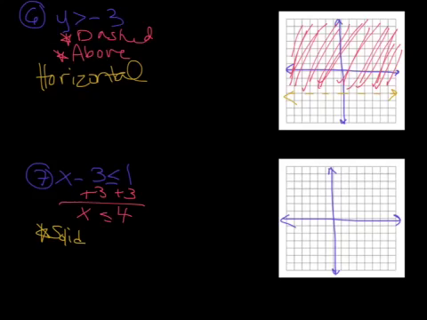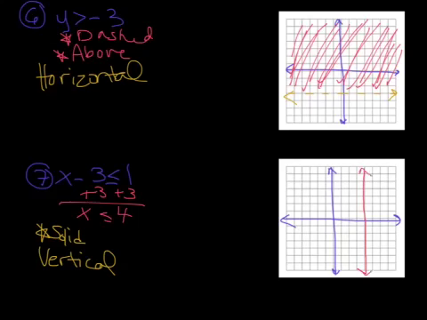But one thing I can figure out is if I remember from previous sections that if I had x equals a number, I had a vertical line, and this is the same. So you are going to go over to x equals 4 and draw a solid vertical line through it.